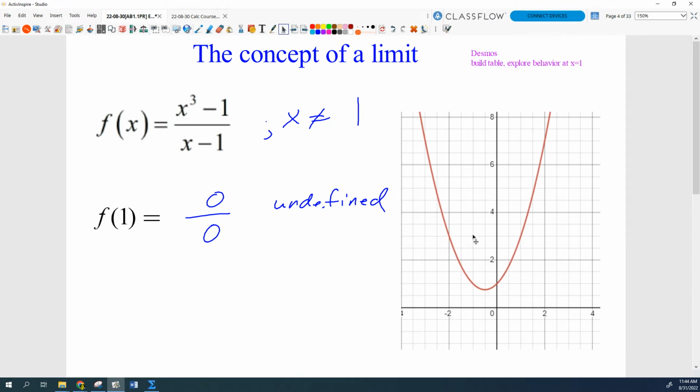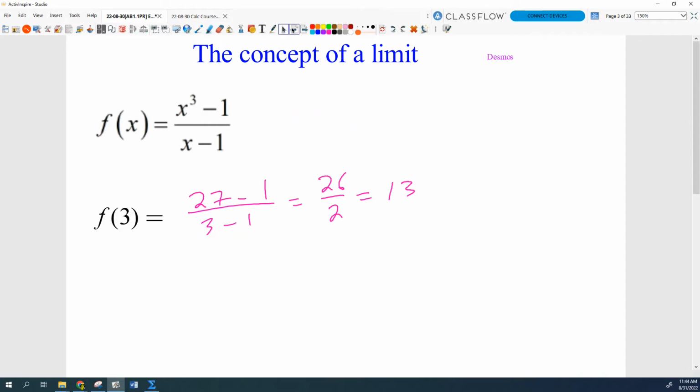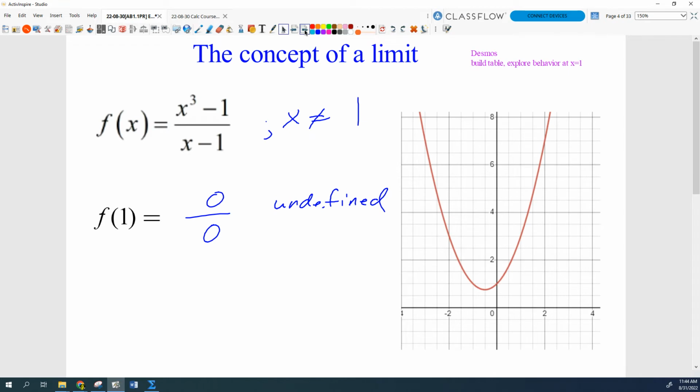What I should do in my graph is up here at 1, 3. Oh, there's 1. Yeah, there we go. 1, 3. I really need to make a hole in the function that looks like that. Okay, that's an accurate graph of this function. The function is not defined at 1 because I can't divide by 0.